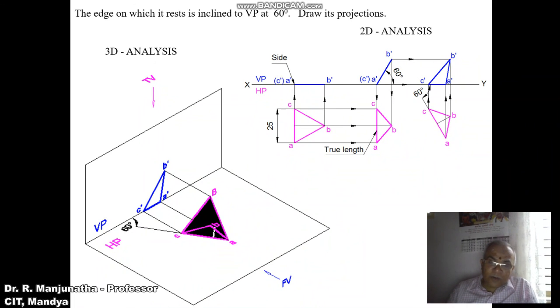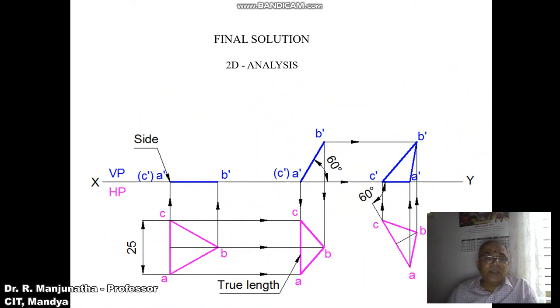Now we will solve this problem in the sketchbook. First, draw the XY line and mark XY, VP and HP. It says an equilateral triangle lamina of 25 mm sides. So first draw a vertical line, because the edge which is resting on HP has to be perpendicular to VP.